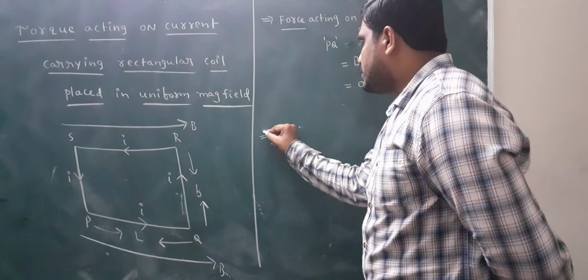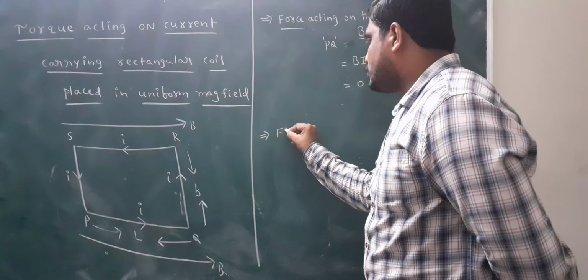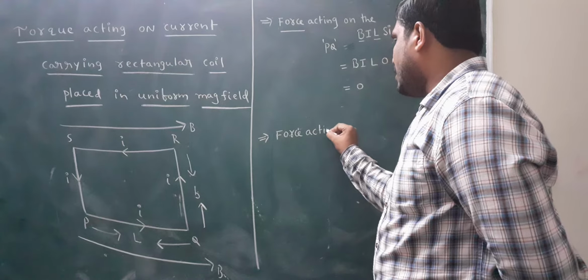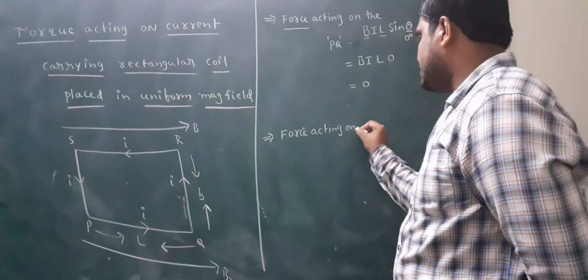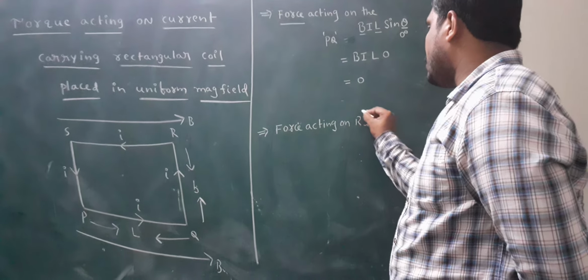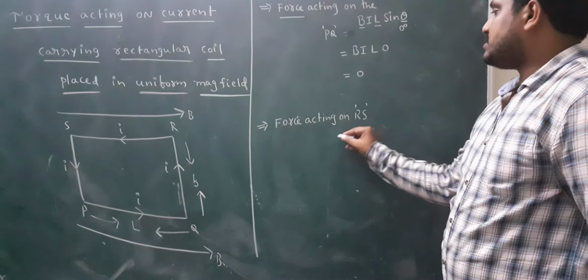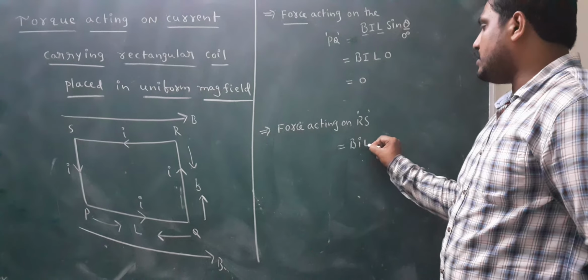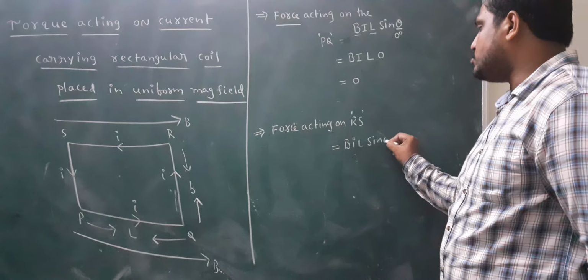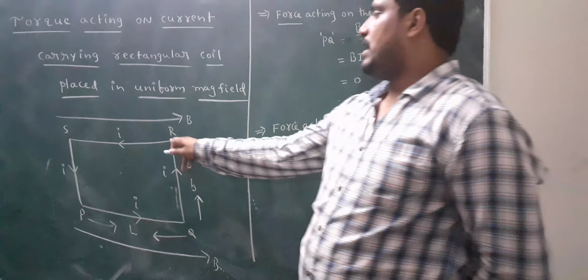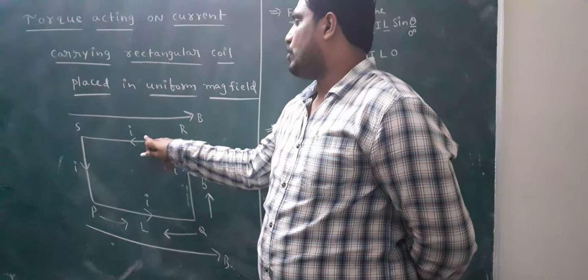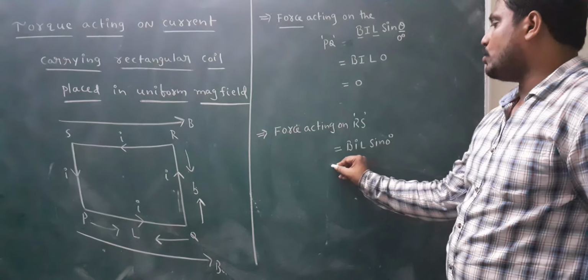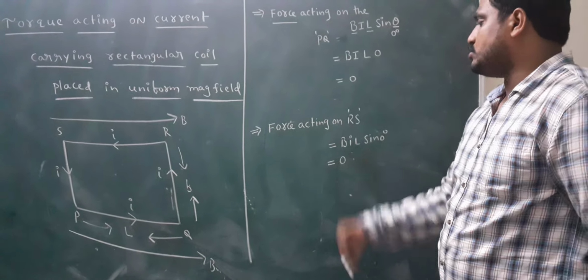Similarly, force acting on RS, with the same formula B I L sin 0. Because for RS also, length and B are parallel, sin 0 is 0, and 0 into anything is 0.